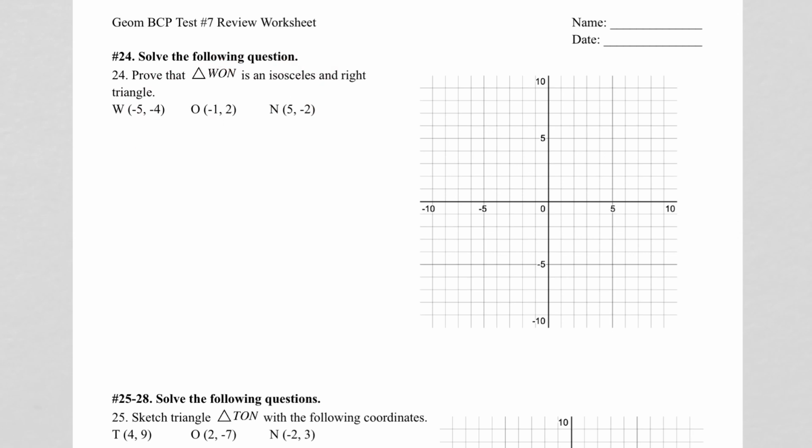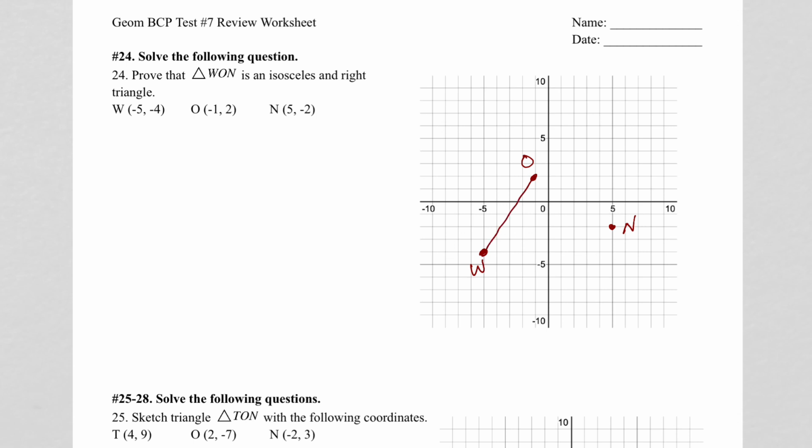Okay, first let's graph this. -5, -4 is right there. We'll call that point W. -1, 2 is here. We'll call this O. And 5, -2 is here. We'll call that N. And then I'm going to connect these. Something like that.